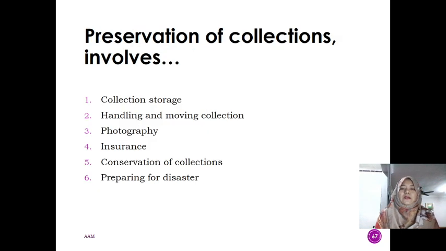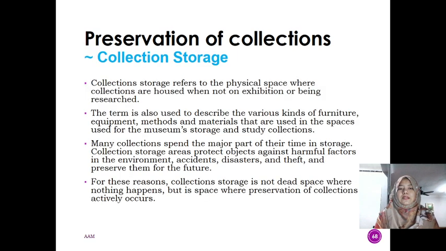Okay. So preservation of collection involves collection storage, handling and moving collection, photography, insurance, conservation of collection, and also preparing for disaster. For collection storage, it refers to the physical space where collections are housed when not on exhibition or being researched. The term is also used to describe the various kinds of furniture, equipment, methods and materials that are used in the space used for the museum storage and study collection.